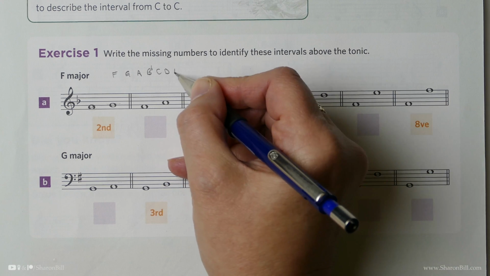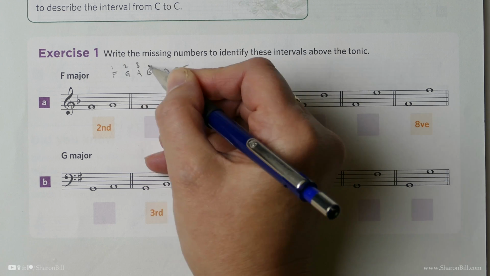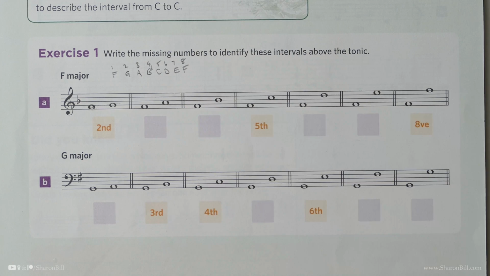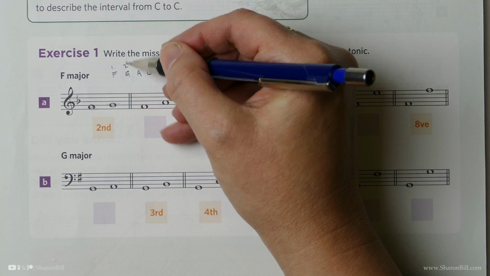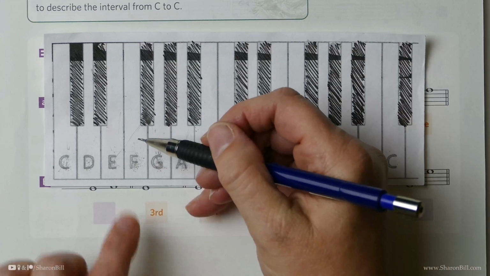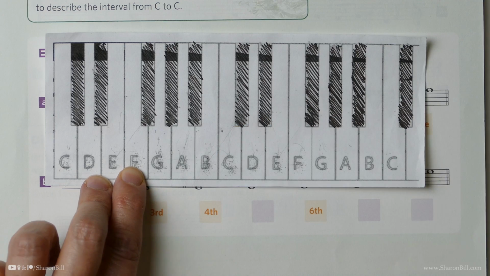C, D, E, F, and these are steps 1, 2, 3, 4, 5, 6, 7, 8. And so we have 1, 2, and F to G we know is a second, and so that's correct there. And of course you could always just visualize that on a piano keyboard. F to G, not forgetting F is 1, G is 2.